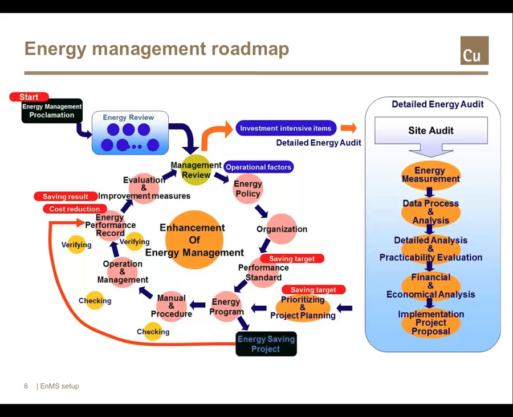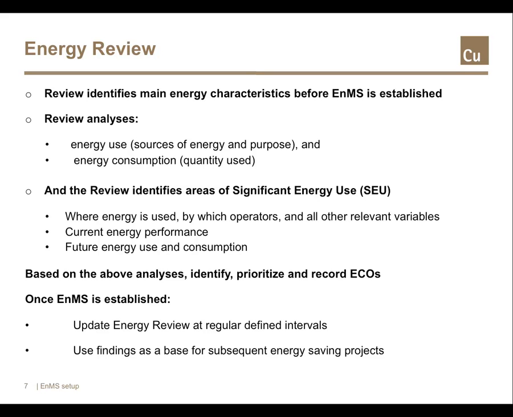The implementation cycle includes an energy monitoring procedure that enables real-time management. And the more frequently the management review occurs, the more rapidly the organisation can move through its plan, do, check, act cycles. The energy review is one of the most important activities in establishing an effective energy management system. It identifies the main energy characteristics of the organisation and enables you to see the status of its energy use.